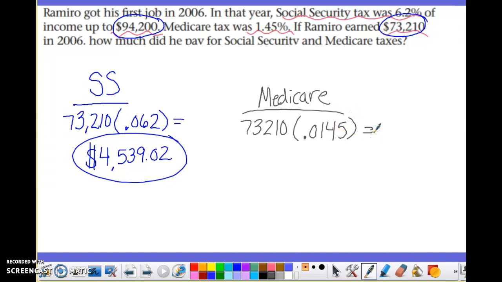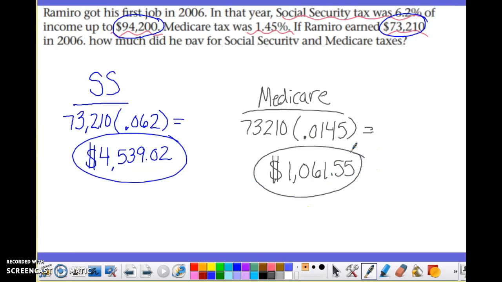That tells me for Medicare throughout the year, Ramiro, if I plug that into my calculator, is going to be paying $1,061.55. So for Social Security and Medicare, he's paying almost $5,000 for Social Security and about $1,000 for Medicare.